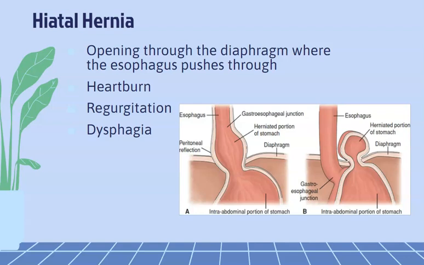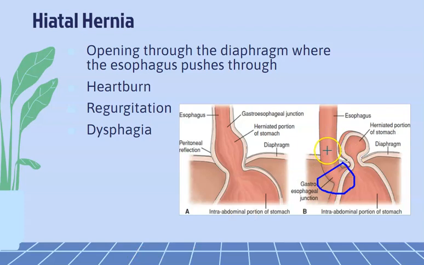The second one that we will see, the one that's depicted by the B image on the screen, this is a paraesophageal hernia where all or part of the stomach will push through the diaphragm next to that gastroesophageal junction. So you can see the two pictures are different. The gastroesophageal junction is really, let me highlight it here for you. So that's the gastroesophageal junction where the esophagus connects into the stomach.